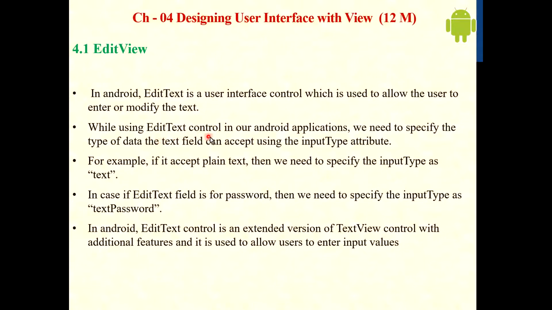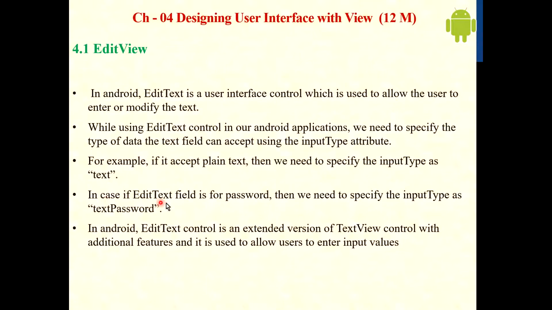While using edit text control in our Android application, we need to specify the type of data the text field can accept using the input type attribute. So by using this attribute input type, we can set the type of data in edit text. For example, if it accepts plain text, then we need to specify the input type as text.